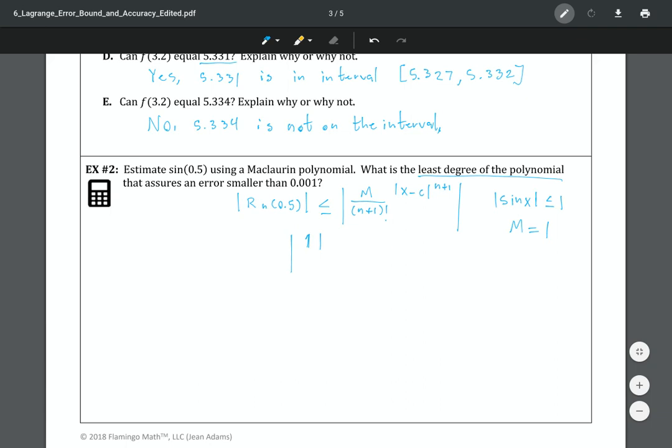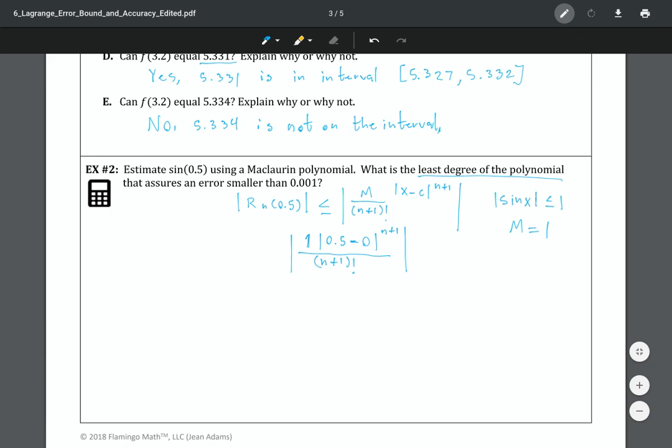X in my case is 0.5, because that's what we're trying to approximate. And then I'm going to subtract the c. Now, because this is a Maclaurin polynomial, the c is 0. And I'm going to write that all over, oh, this is n plus 1, so let me not forget about that. Now, at the bottom, I have n plus 1 factorial.